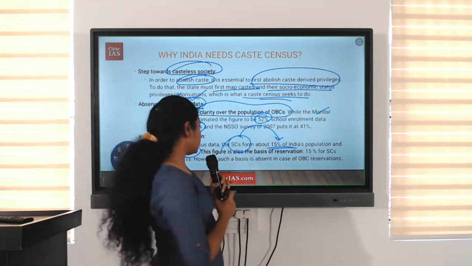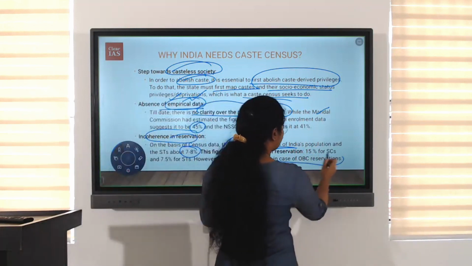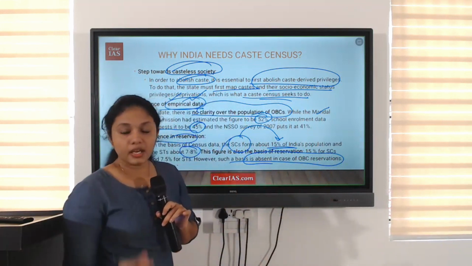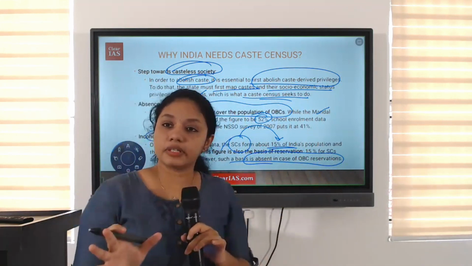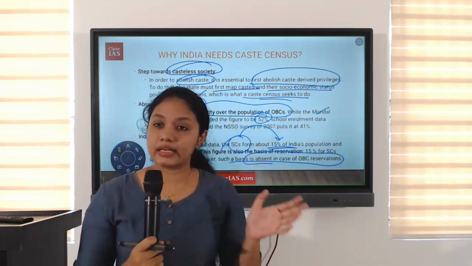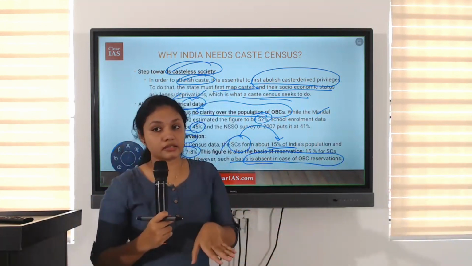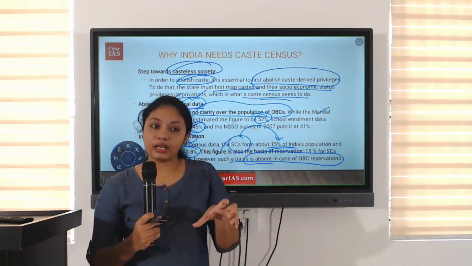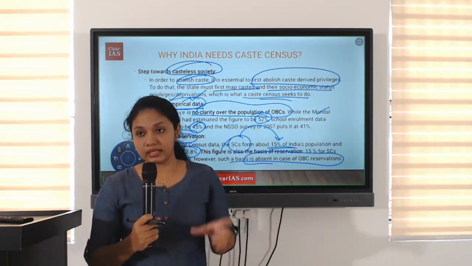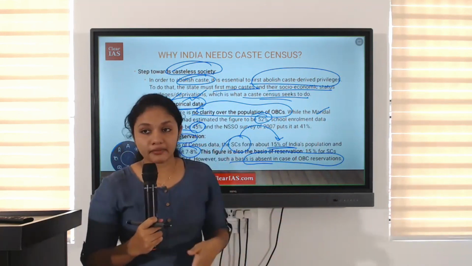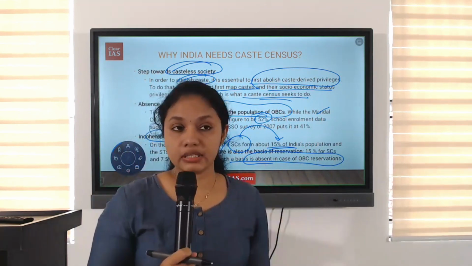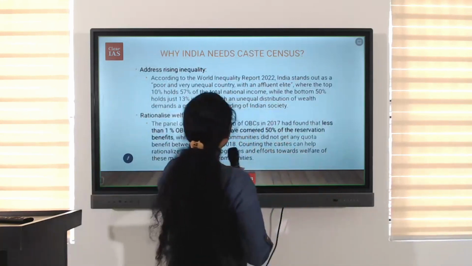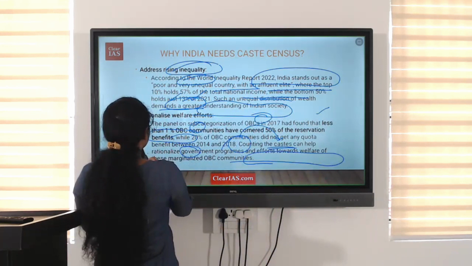Such a basis is absent in the case of OBC reservations. Ideally, we know that nationally 15% reservation is for SC and 7 to 8% for ST. But we don't have adequate or correct data on OBCs, so we don't have such a basis for OBC reservation nationally. Clear? Next one, addressing rising inequality.